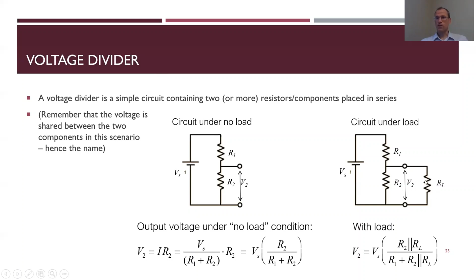I only want some of it. I can control how much of it goes out there by placing another resistor up here, and that's going to take away some of this voltage. And then I know that those two voltages have to be the same from the loop rule. So that's the basic operation of a voltage divider circuit. Again, essentially just two resistors, and you're using one to kind of control the voltage of the other one.